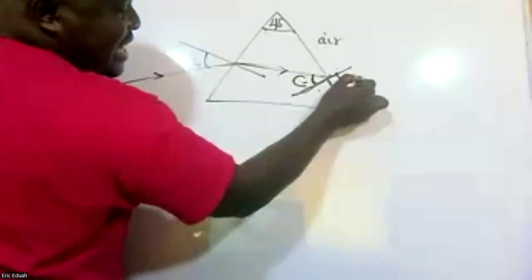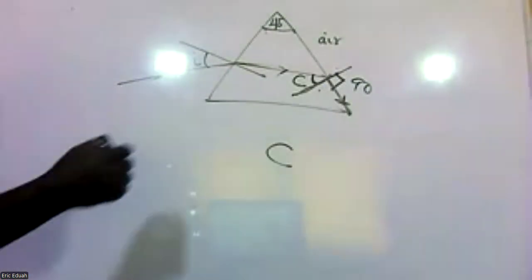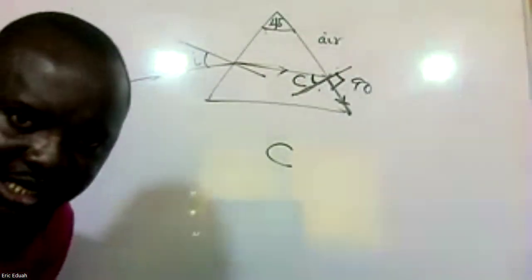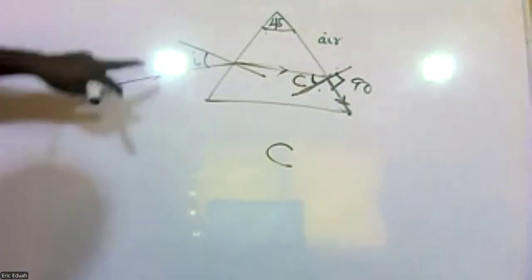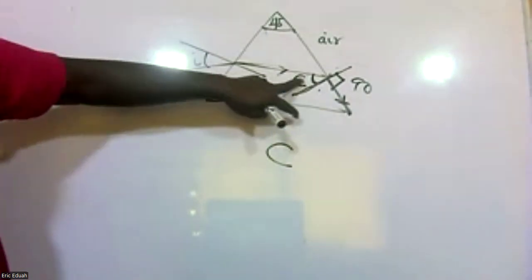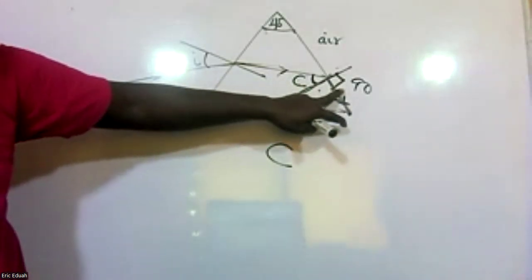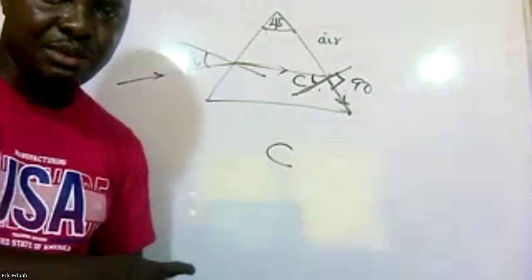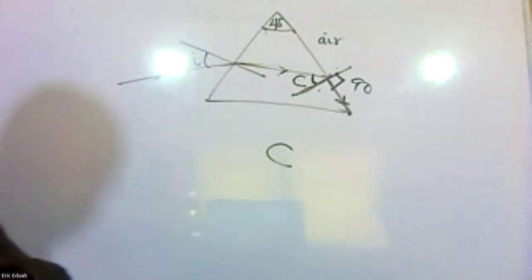So if this is 90, this will be C. At the moment, we need the value of C because that is the requirement for total internal reflection. So the question is, what angle of incidence will give us the critical angle for the refracted ray also to be 90 when the ray is emerging out of the prism? All that we are interested in is this.